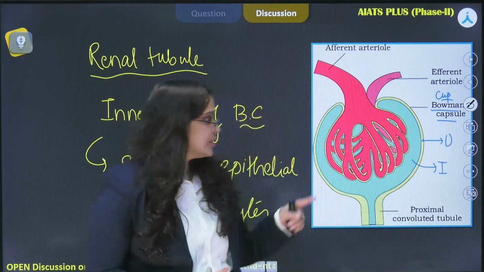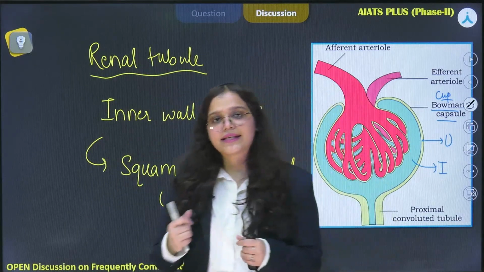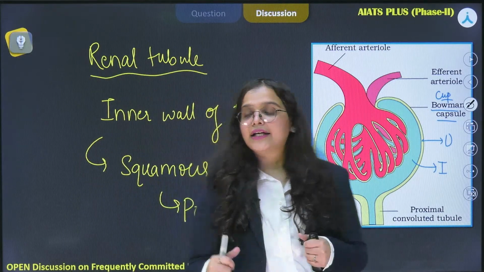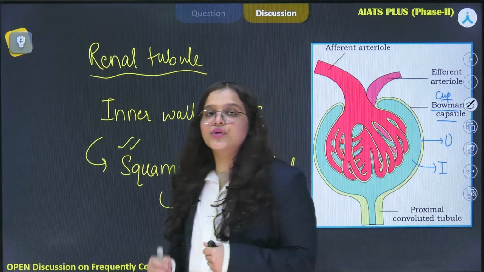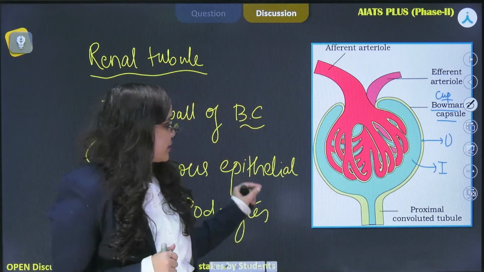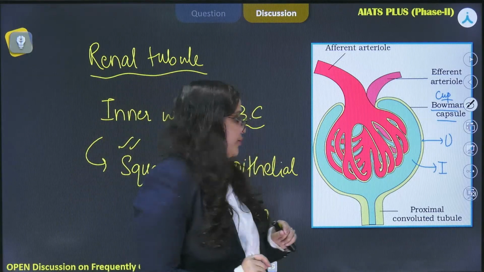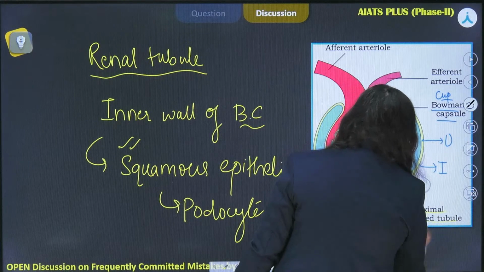All right. So this is one of the questions which is often asked, what is the site of podocyte? So it is the inner wall of Bowman's capsule, and it is a modification of which type of epithelium? So it is the modification of the squamous epithelial cells of the Bowman's capsule. All right, and then we can see we have PCT.